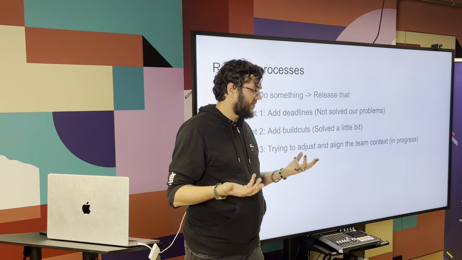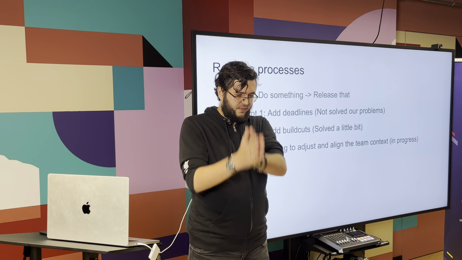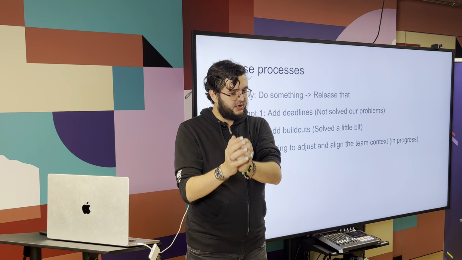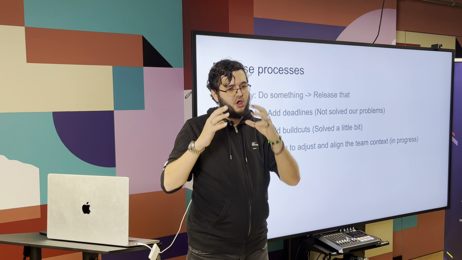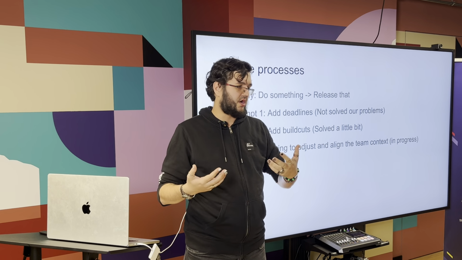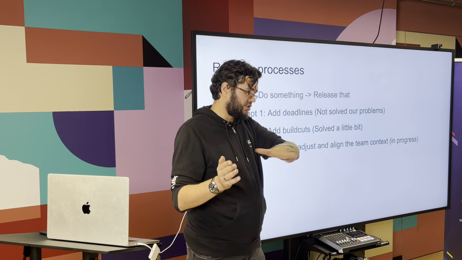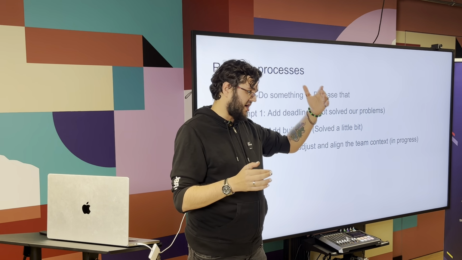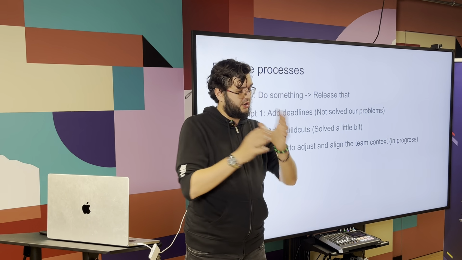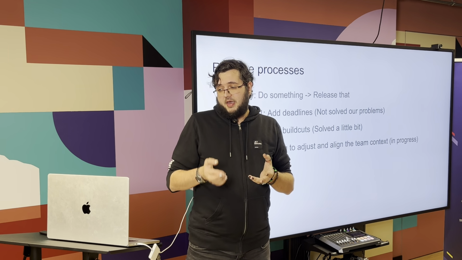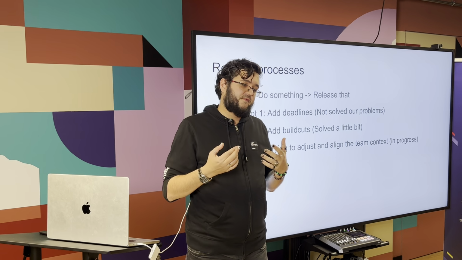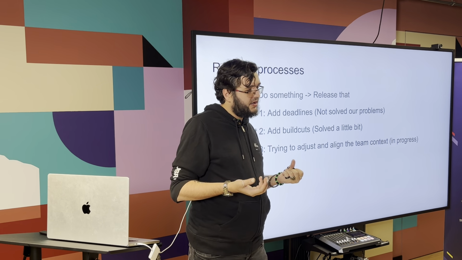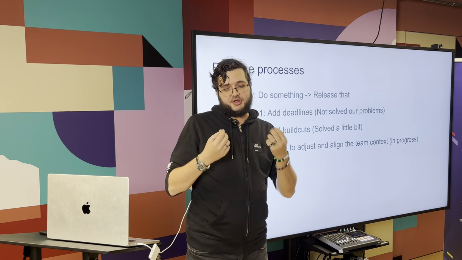What does it mean? We have one day when we create the build, it's green, and we don't accept any new commits, and we just do our testing. After that, we decide whether we are okay with it or not. It didn't solve all our problems, but it's a little bit better.